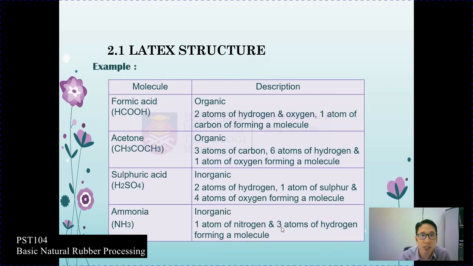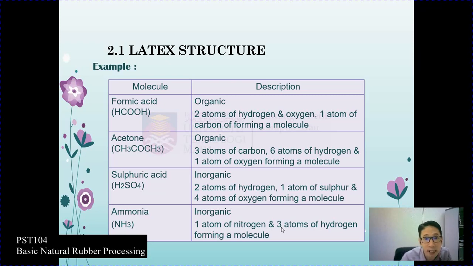Okay, latex structure. For example, formic acid is an organic, 2 atoms of hydrogen and oxygen, 1 atom of carbon, and forming a molecule. Whereas for acetone, also an organic, having 3 atoms of carbon, 6 atoms of hydrogen, and 1 atom of oxygen, forming a molecule.